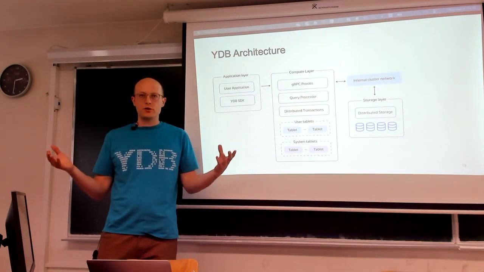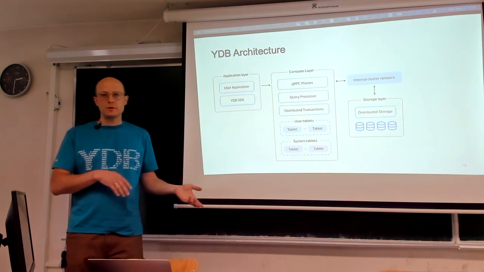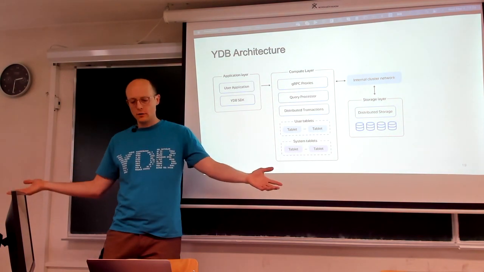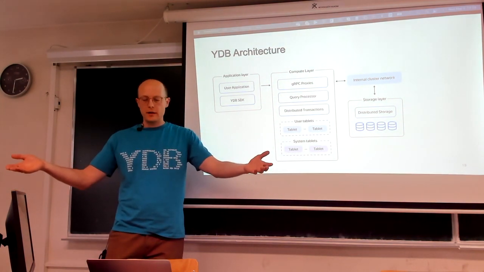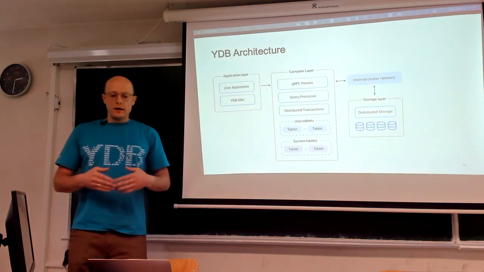A YDB cluster is a bunch of processes. You just clone the GitHub repository and compile the binary. You need one binary. You deploy it on physical servers, attach physical devices by configuring the process to the servers, and launch it.